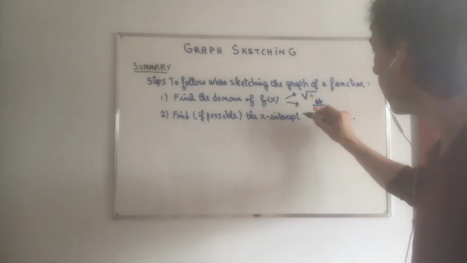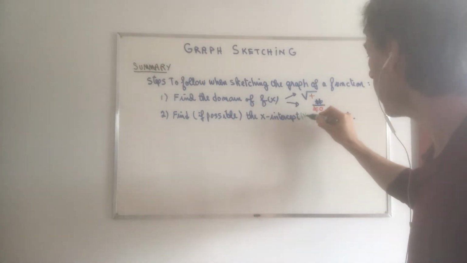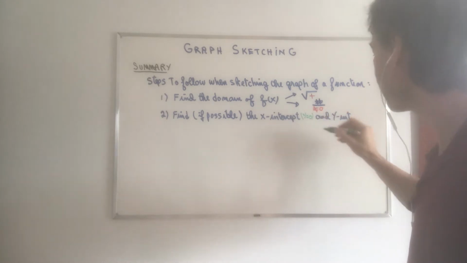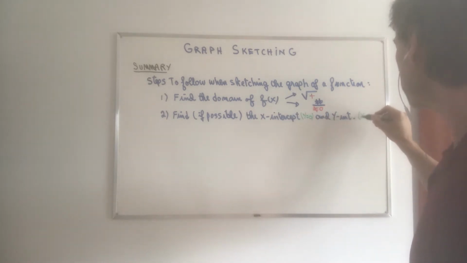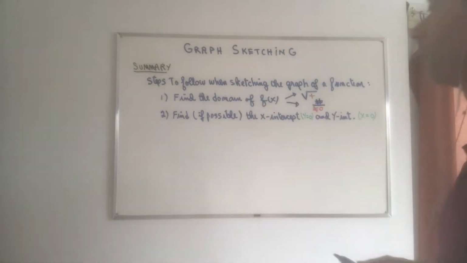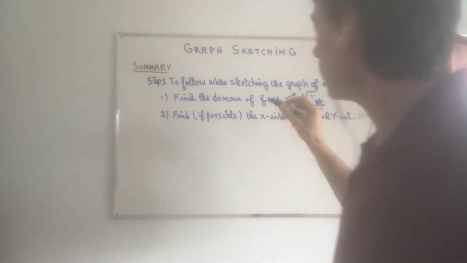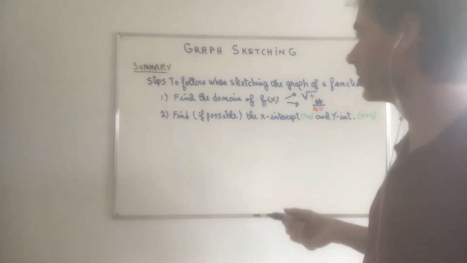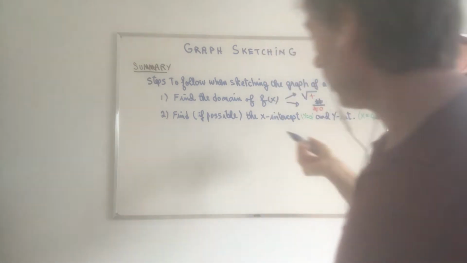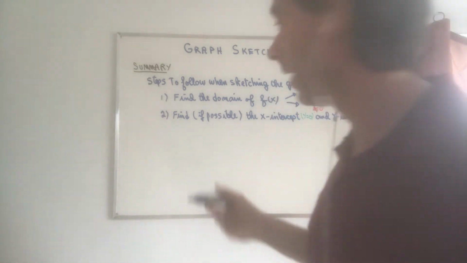Just want to point out something you already know. For the x-intercept, you need to make y equal to 0. And for the y-intercept, you need to make x equal to 0. You know that. Just a little reminder as we go along. So, at this point, you've identified the domain of the function, and you have hopefully been able to find the x and the y-intercept.